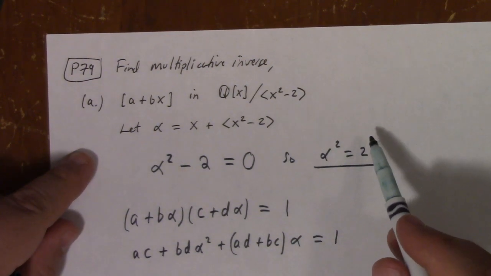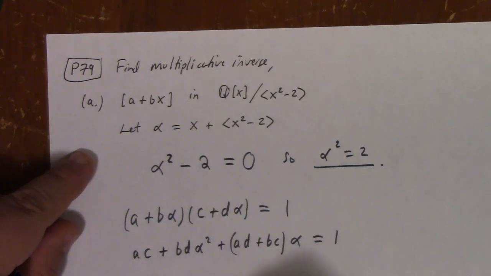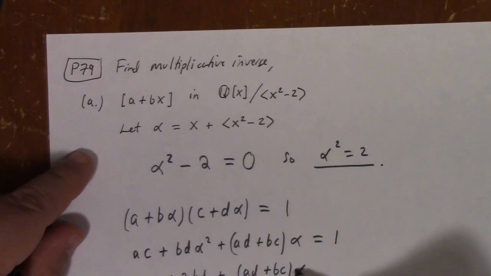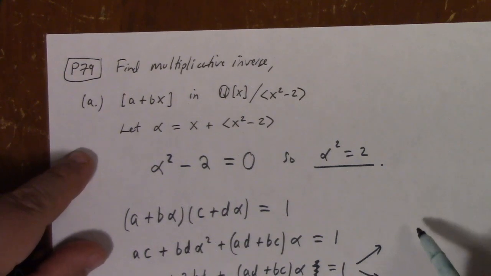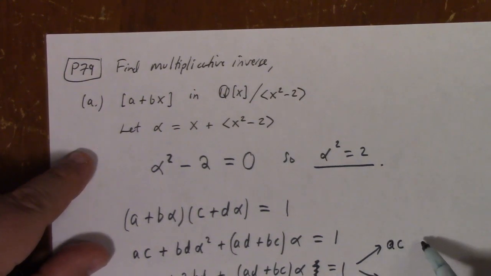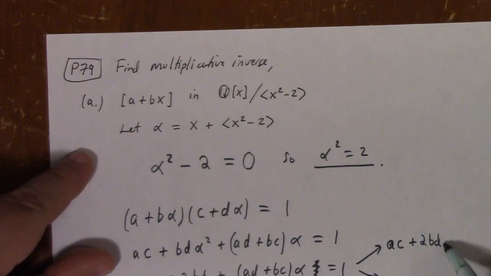Now alpha squared was equal to 2, right? So we've got ac plus 2bd plus ad plus bc times alpha equals 1. So this gives me two equations. It gives me, on the one hand, ac plus 2bd equals 1, and also ad plus bc equals 0, because there's no alpha on the other side.